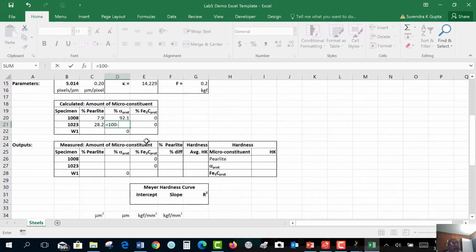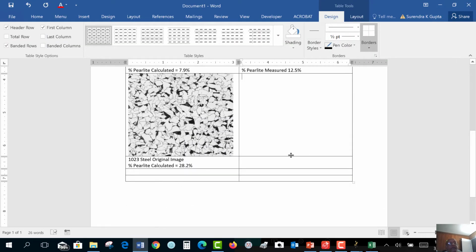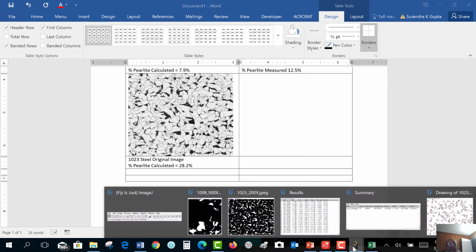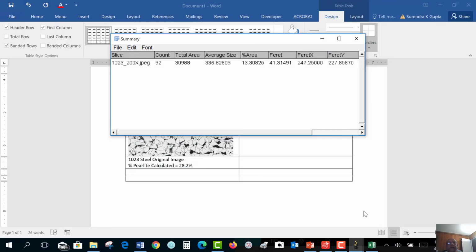Pro-eutectoid component, 100 minus 28.2. And let's look at our measurements. So our measurement was 12.5 here, 13.3 here.